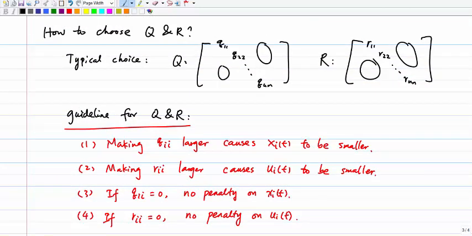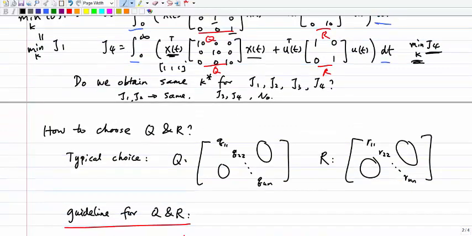The first one is if you make Q_ii larger, it causes x_i(t) to be small, which is pretty intuitive. Because if I say I want Q22 to be large, 100, and the others to be 1, all of them 1, only Q22 is 100.